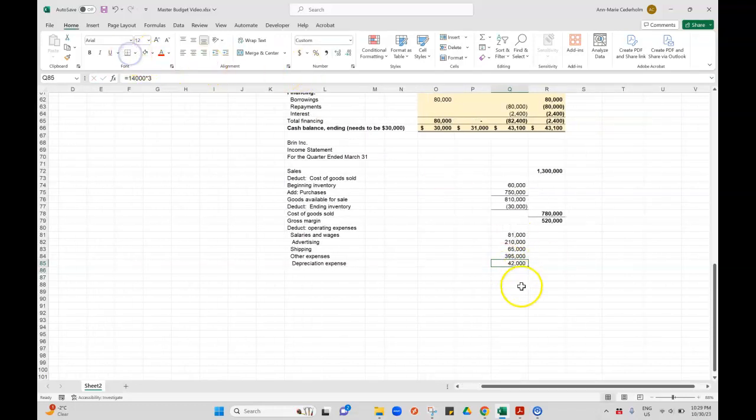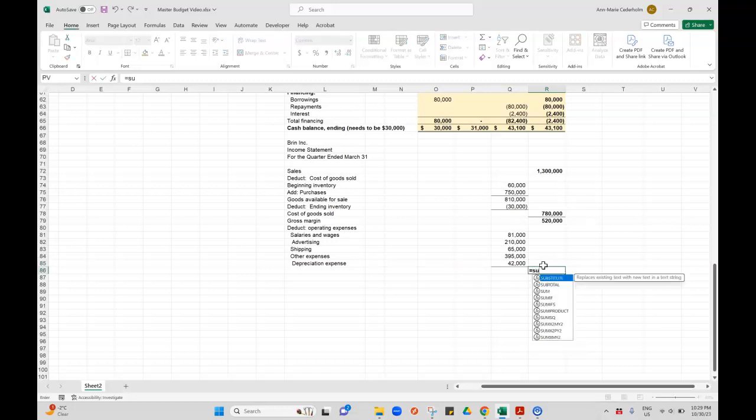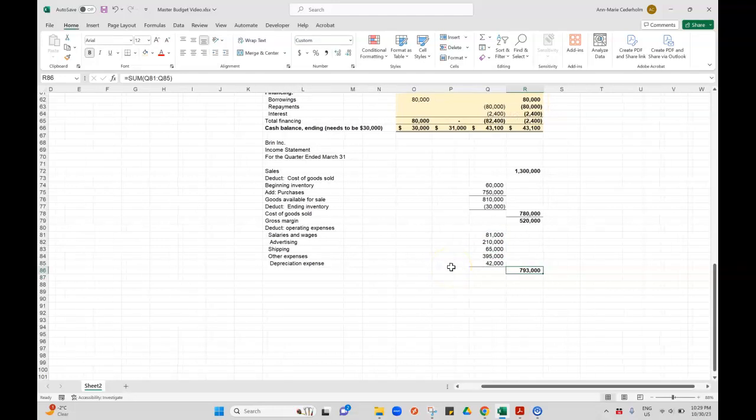Whew. Okay, and now these are our total operating expenses, so I'll just sum those up. Okay, so I've got gross margin. I feel like I've done something really incorrect here because normally we don't end up with a huge loss.